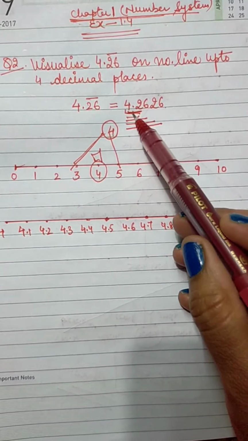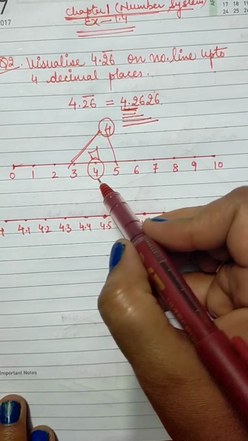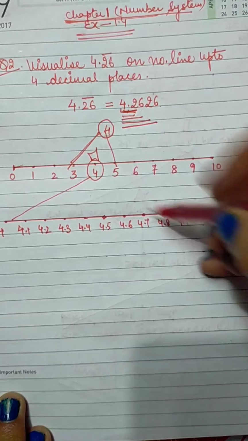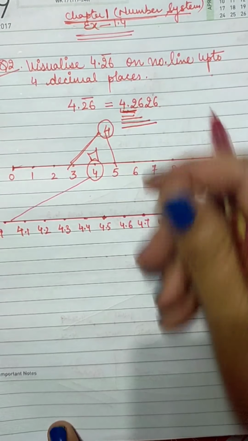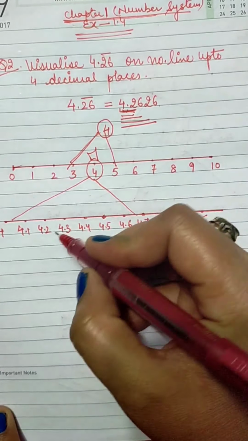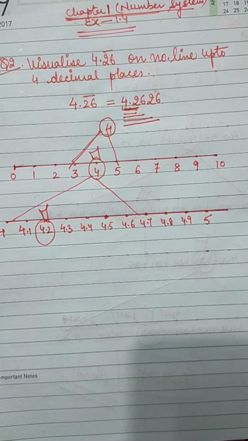So 4.2 lies between 4.1 and 4.3. So next, you can take as many numbers as you like because we are zooming in, so obviously this will open this way. So here is the number which we require, 4.2.